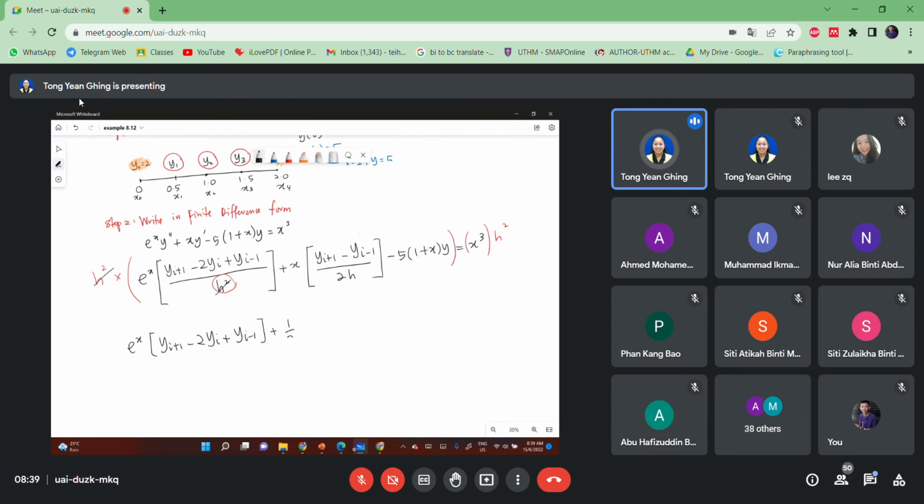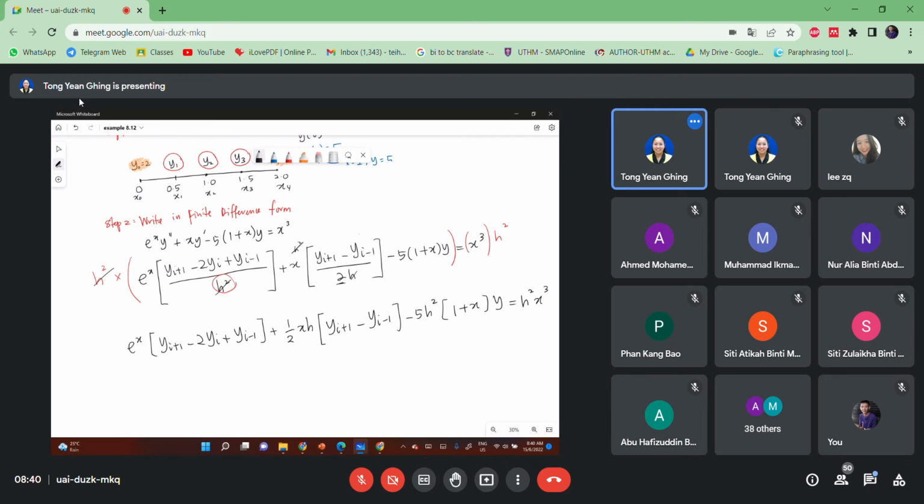This one I take out 1.5, this one x. This one is limited because before there was h squared, so now still got one h. Then y(i+1) minus y(i-1). And then minus 5h squared (1 plus x) y, times h squared, equals x power of 3.